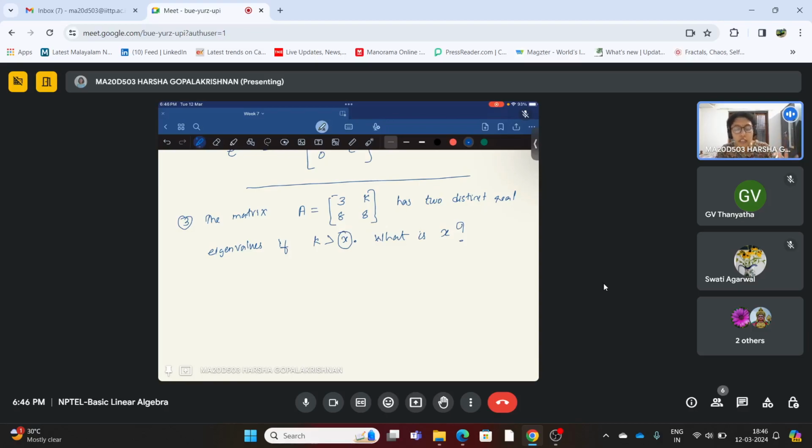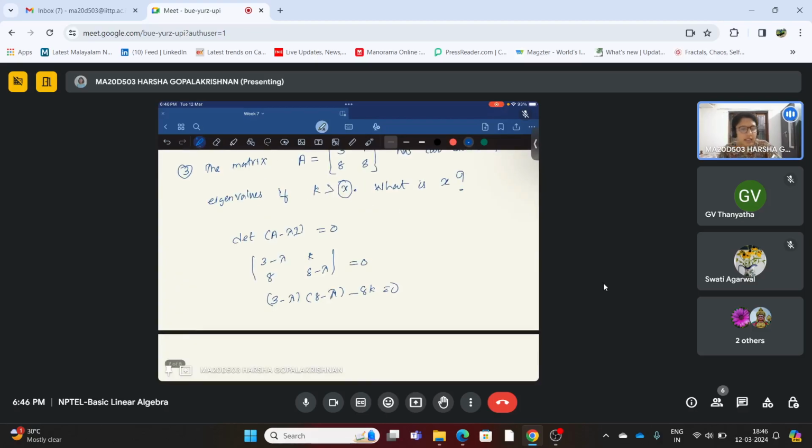Let me ask you one question. How will we find the eigenvalue? By solving the characteristic equation, correct? So we can start with the same procedure. The characteristic equation is determinant of A minus lambda I equal to 0. So here it is (3 minus lambda)(8 minus lambda) minus 8k equal to 0.